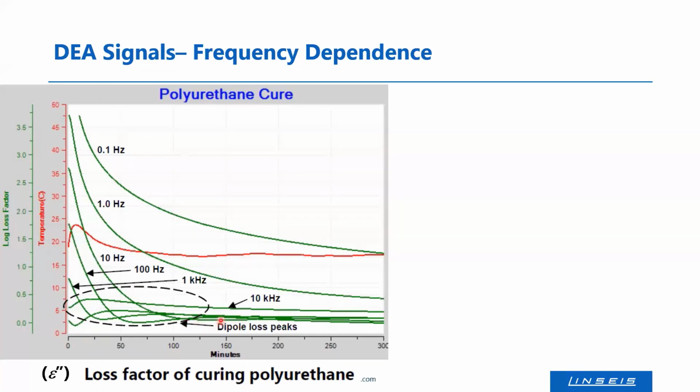Then what you see is only the dipole rotations, and they give you no information to monitor the cure. So the first information from the loss factors, which you can plot in this multi-frequency measurement, is that you can see potential frequencies which are correct.